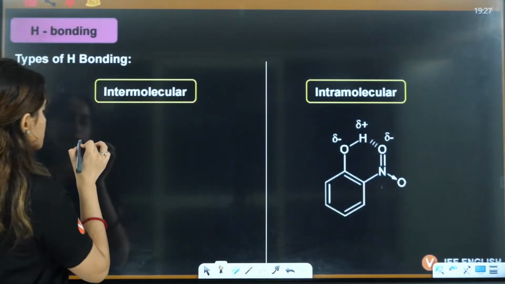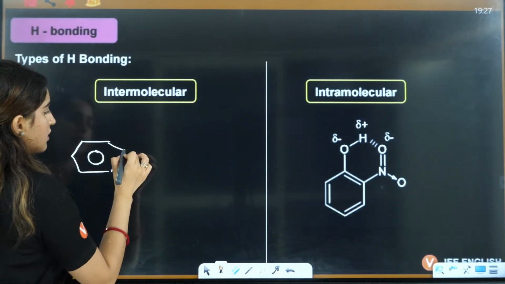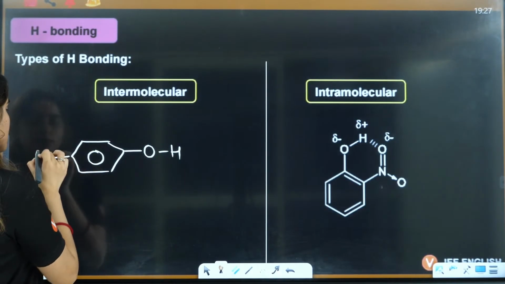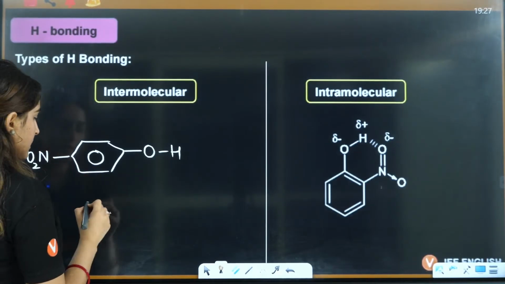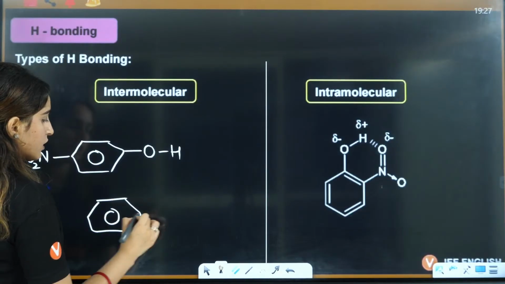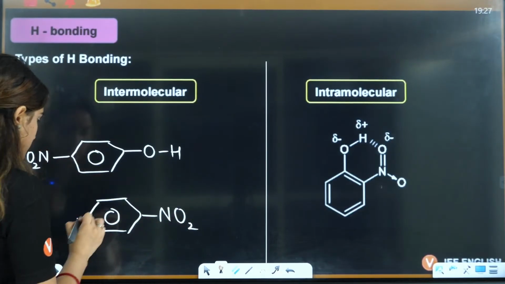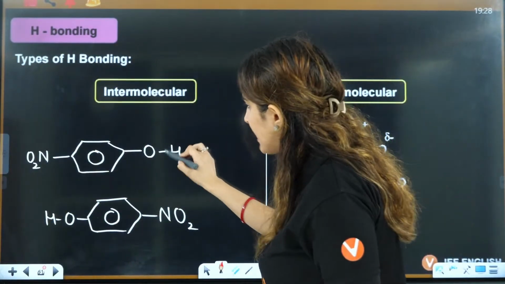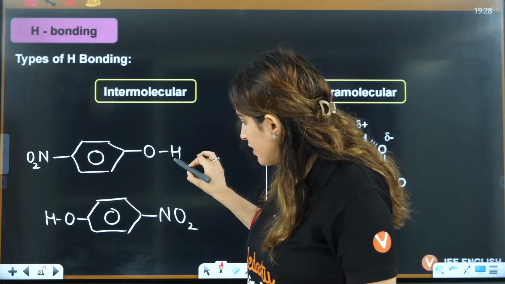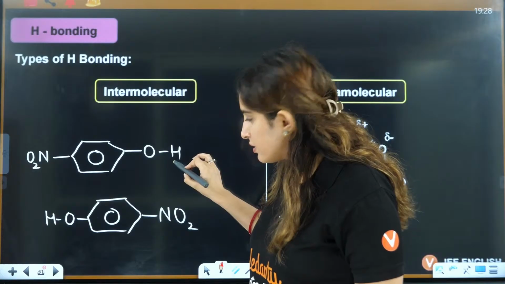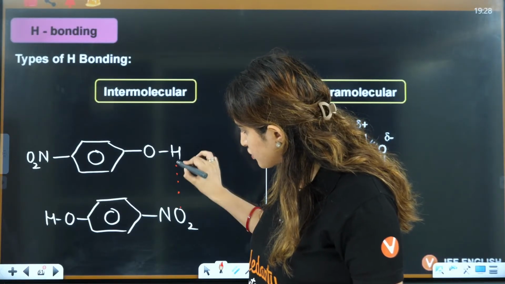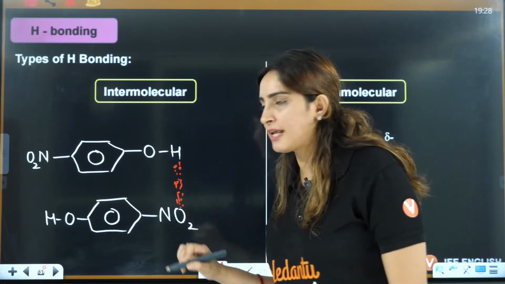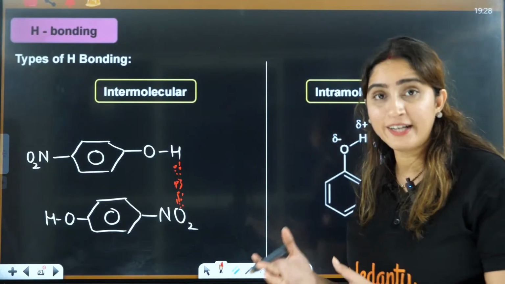Okay, so if you see, this is OH, right, and let's say this is NO2. This is another molecule which is NO2 and this is OH. So now this hydrogen that is attached to an electronegative element will form hydrogen bonding with this oxygen here, or with nitrogen also it can show, whichever orientation is better.